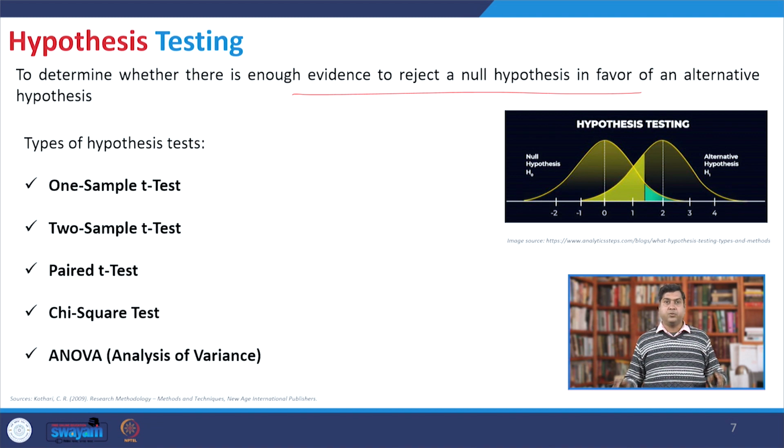For such cases, we have some sort of test, and here we are talking about the most common test for parametric analysis, like the one sample t-test. We have a sample and then we try to find out the significance.